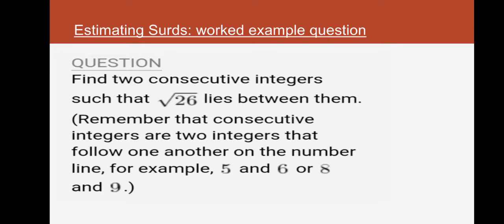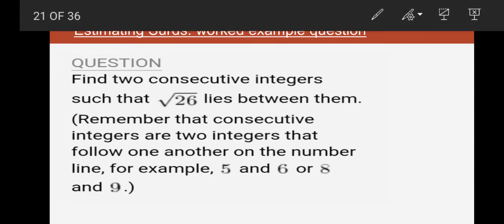For example, 5 and 6, they follow one another on your number line. Another example is 8 and 9. 8 and 9 follow one another on your number line. So these are 2 examples of consecutive integers.